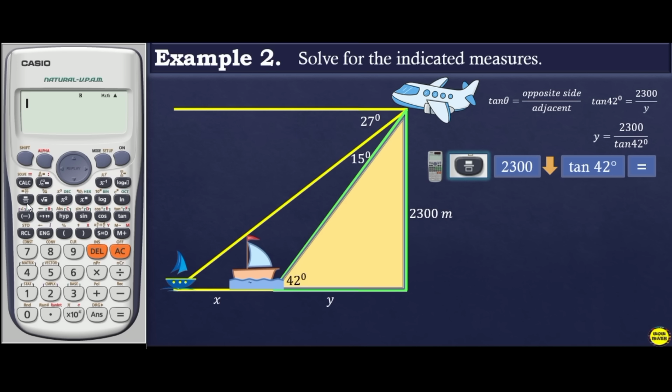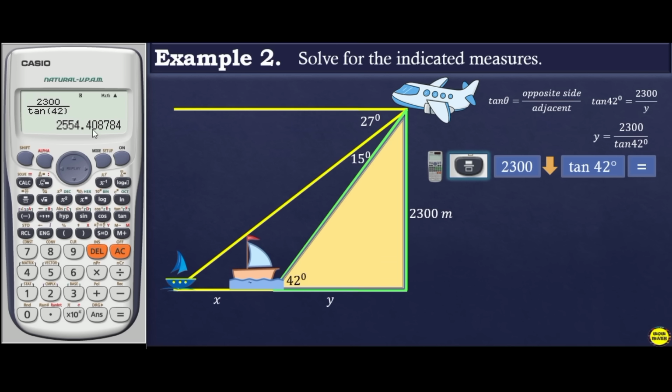Click po natin yung ating fraction and then type 2,300 over, arrow down, and then tangent 42 degrees. Don't forget to close and then click equal sign. So we have 2,554.41.